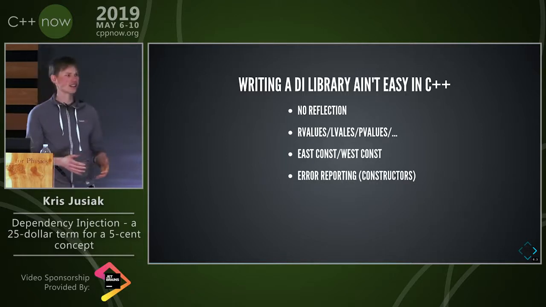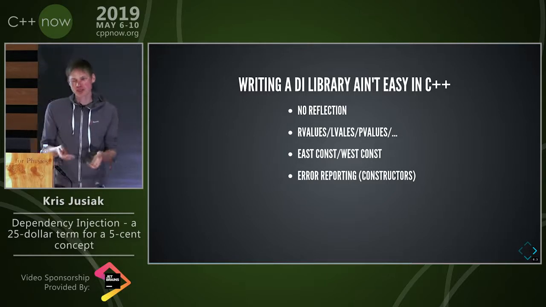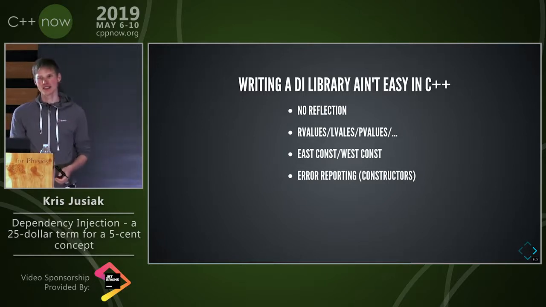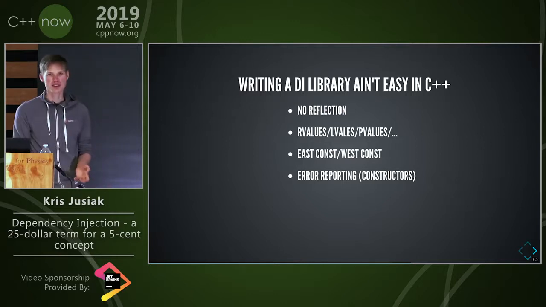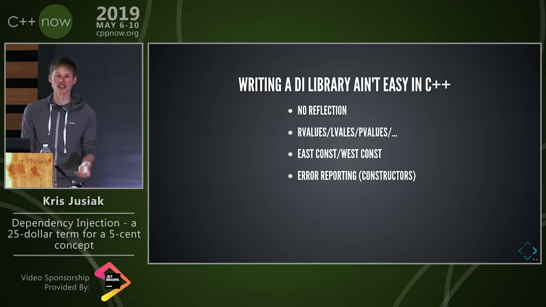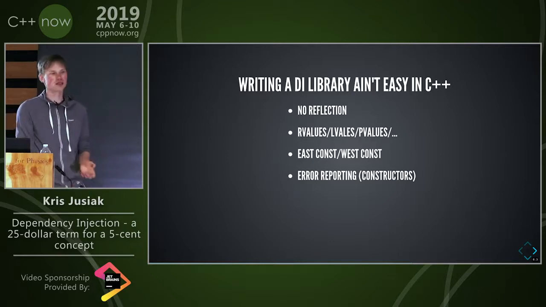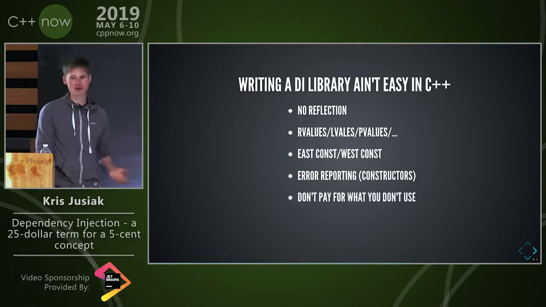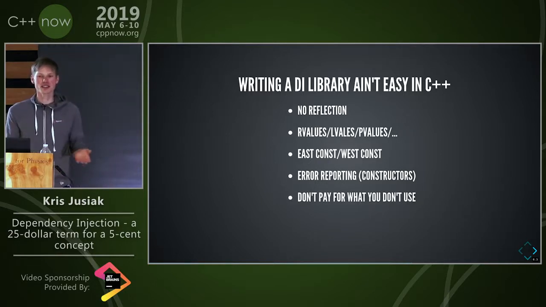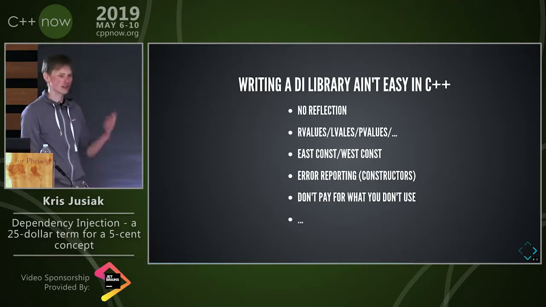Error reporting is usually about creating the objects, so we deal with constructors, because DI is about constructors. And that's the worst part when it comes to error reporting, because it's a constructor, so it's harder to use something like expected. Usually we end up with exceptions or other problems. And we don't want to pay for what we do not use, right? So it's basically how to make that happen. All of that is kind of difficult. And there are other problems.